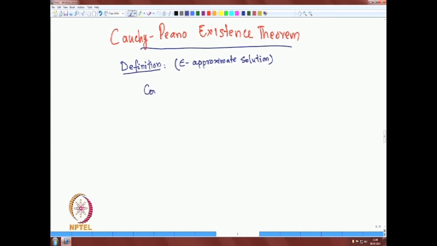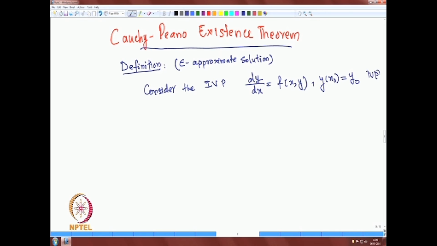Consider the initial value problem, which is dy by dx equal to f of x, y with initial condition y at x0 is y0.